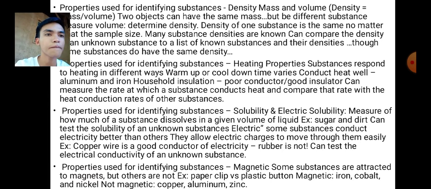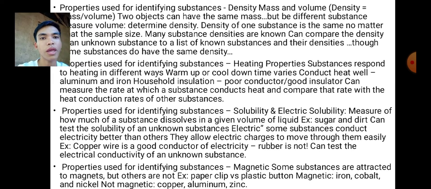Properties used for identifying substances: solubility. Solubility is a measure of how much of a substance dissolves in a given volume of liquid.